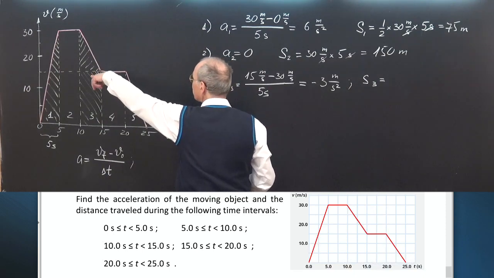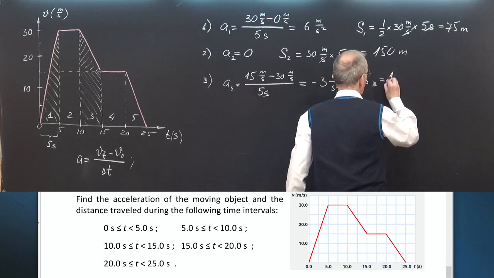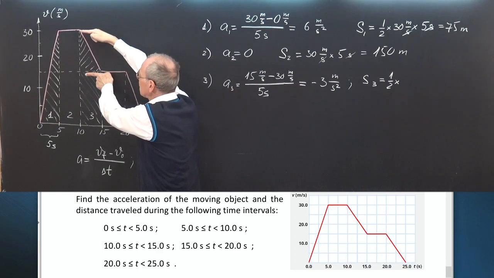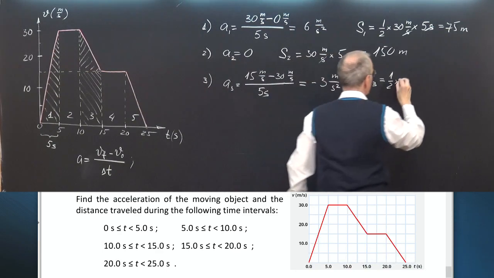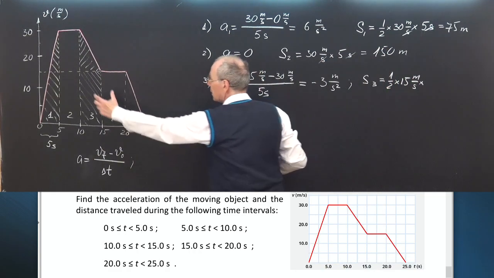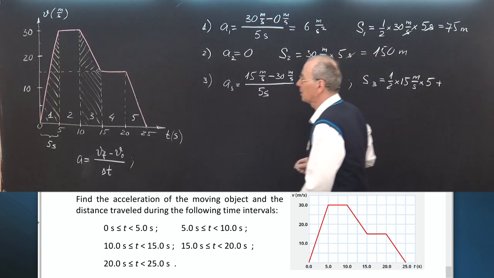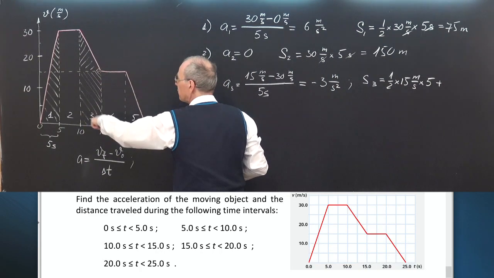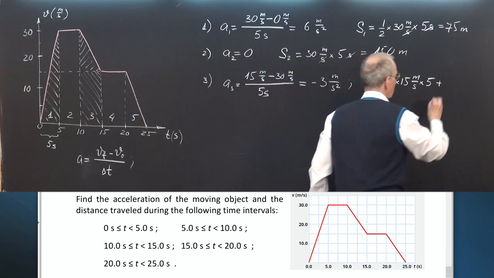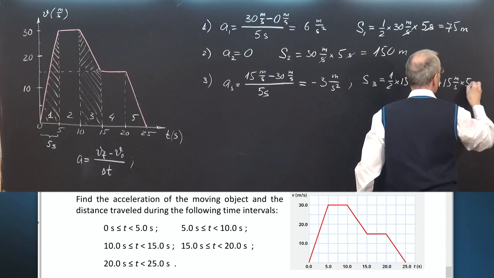So the first part, half of height, the height is 15 meters per second, times base, plus the area of the rectangle, 15 meters per second times 5 seconds.